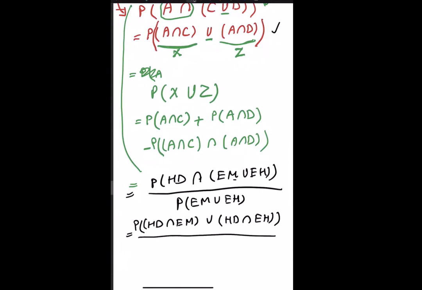Multiply, divided by probability of EM union EH.